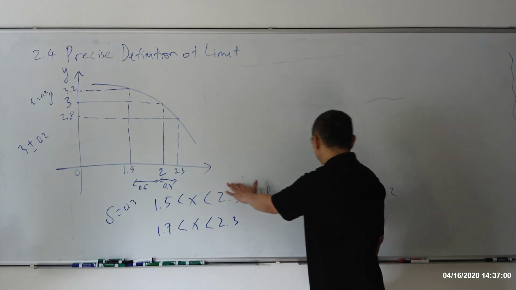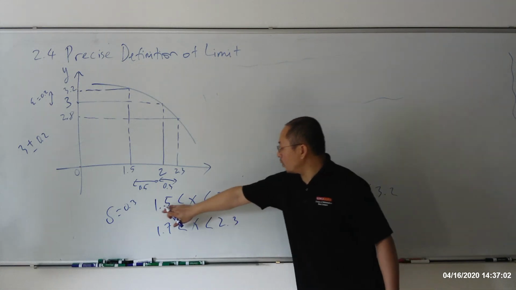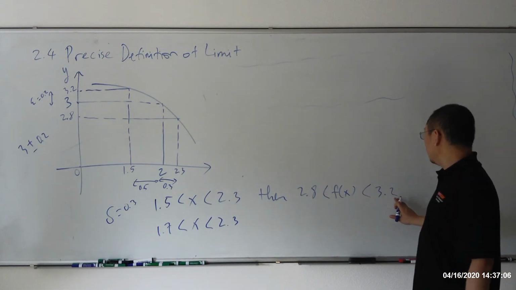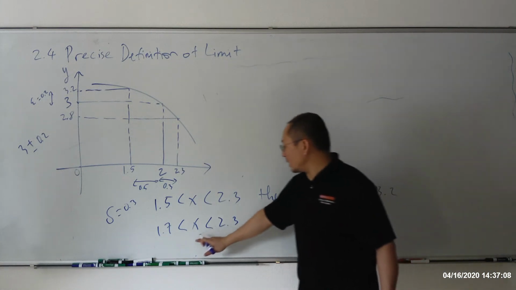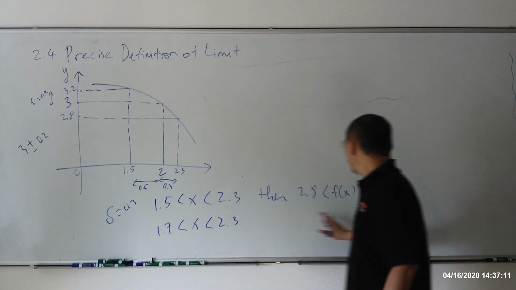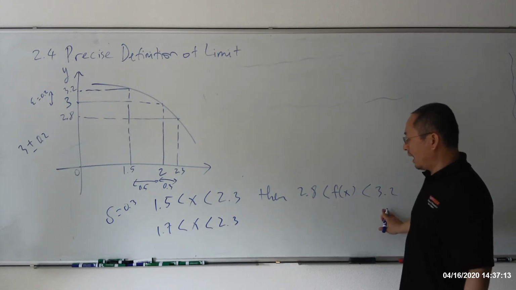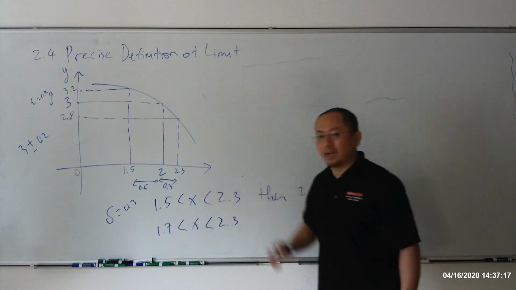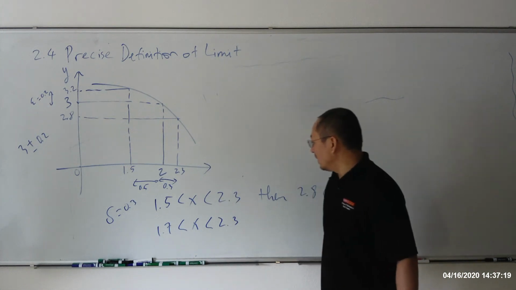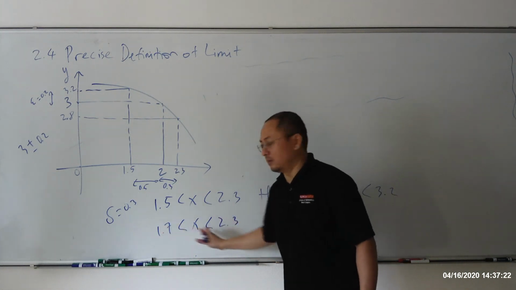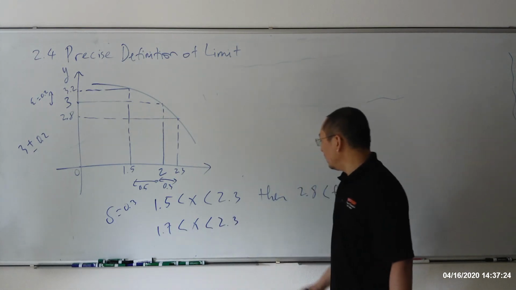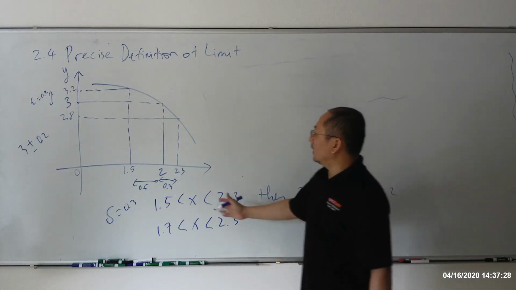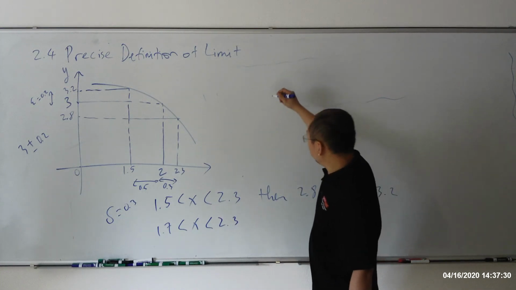If any x between 1.5 to 2.3 gives f of x between 2.8 to 3.2, then for sure any x between 1.7 to 2.3 will work as well, because this interval is contained inside that interval. And what is so good about this? Now x is right in the middle: the 2 is right in the middle of 1.7 and 2.3. So we're going to choose delta equal to 0.3, and the definition is going to match.